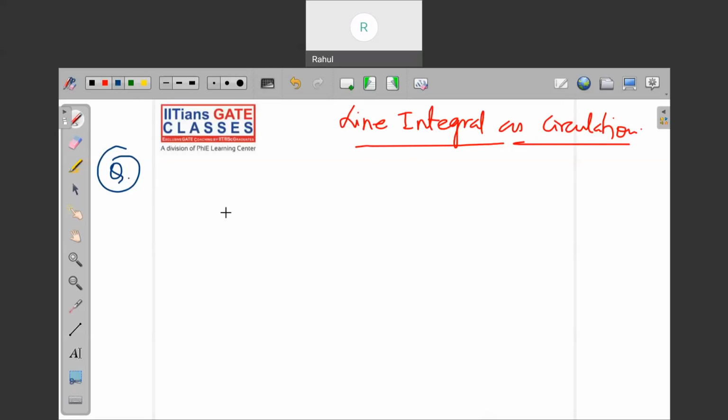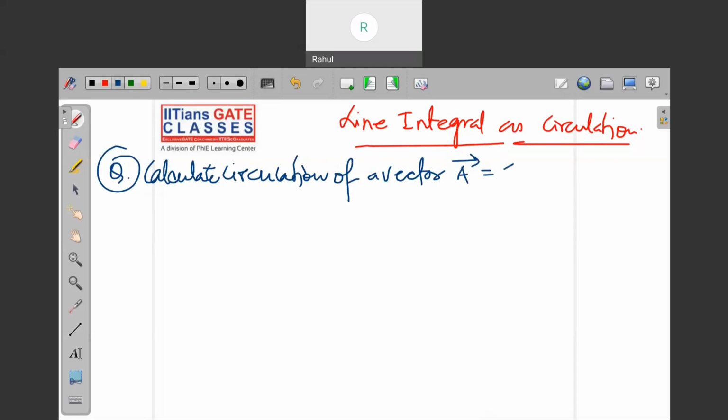So calculate the circulation of a vector A. This time A is given as rho cos phi in the direction of rho cap, and they haven't given anything in the phi direction.